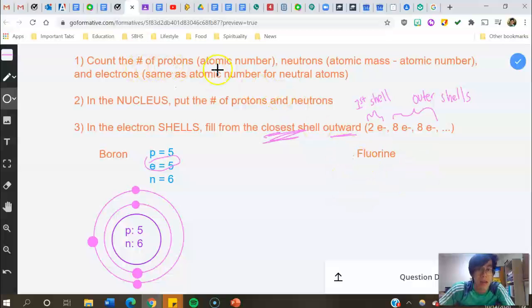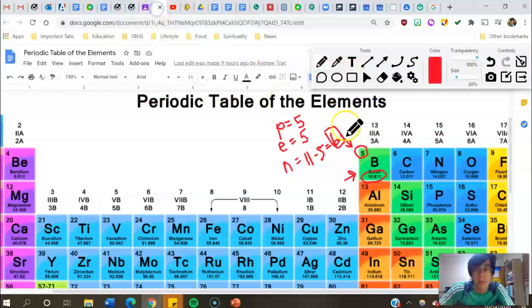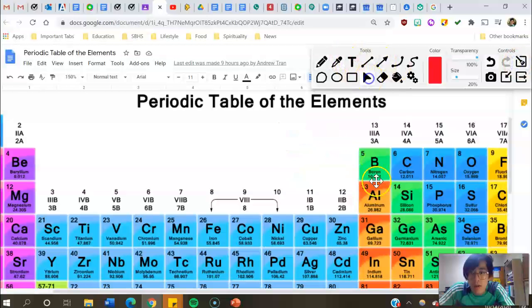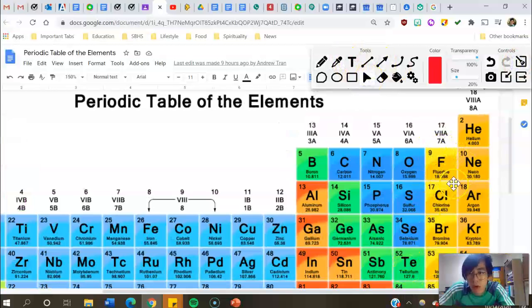Let's count the number of protons, neutrons, and electrons by going back to our periodic table. Let me clear this out and move this over. And here's fluorine right here. We look at the atomic number, which is on the top, which is 9.